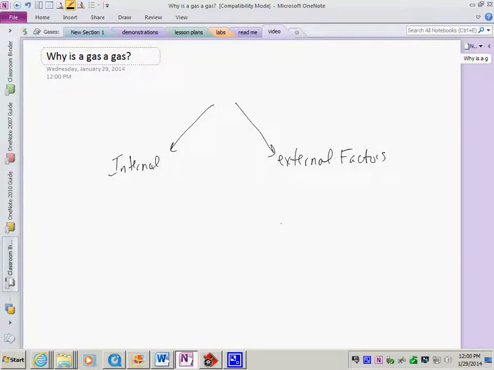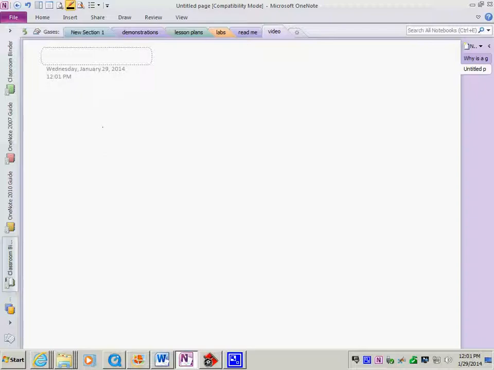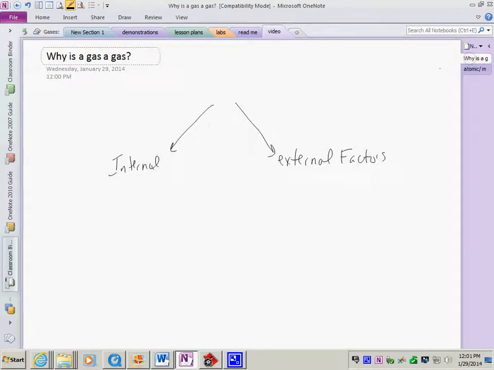As far as internal factors go, I'm going to flip to a new page here and look at some internal factors. Internal factors are on an atomic, or on a molecular level. What are some things going on here? Well, there are two different types of things we have here. We have what's called an ideal gas, and we have what's called a non-ideal gas.